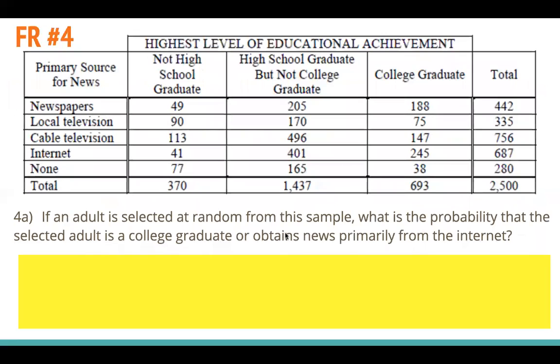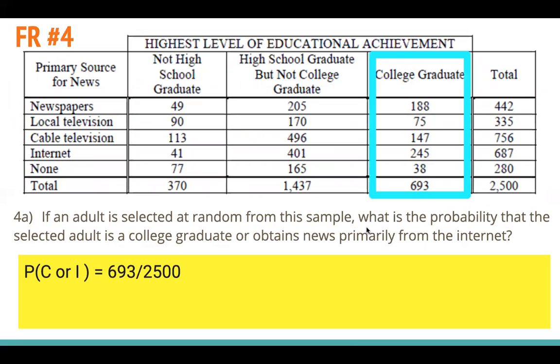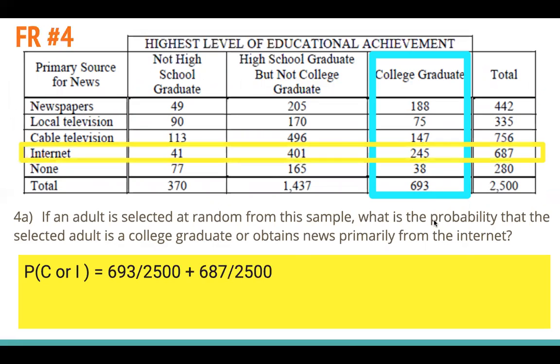So 4A is asking, if an adult is randomly selected, what is the probability that the selected adult is a college graduate or obtains news primarily from the internet? So let's look at where those are. My college graduate column right here, that's all those people. There's 693 total. My internet row is the other direction, and I have all this 687.